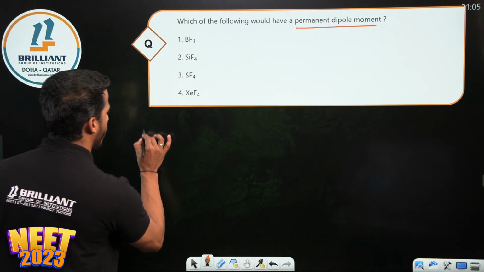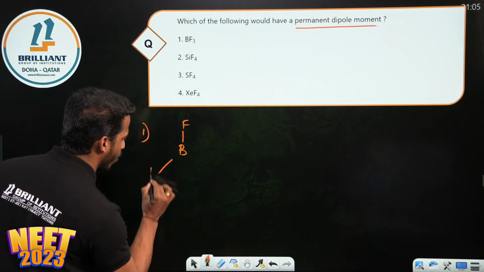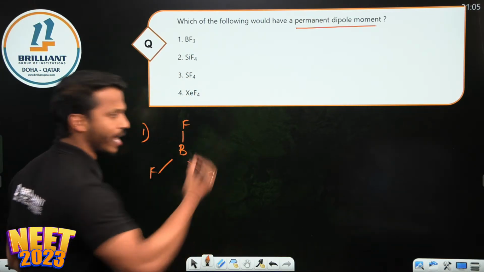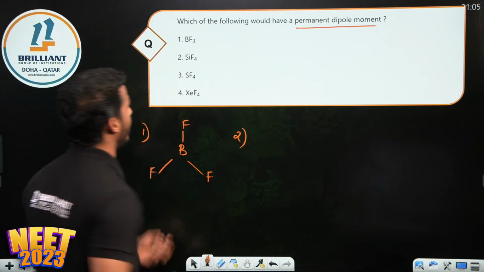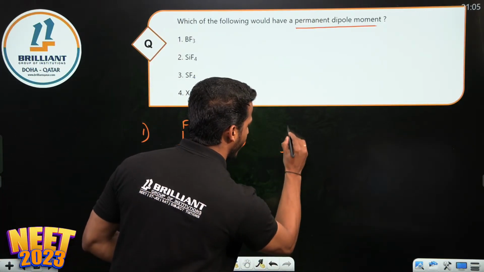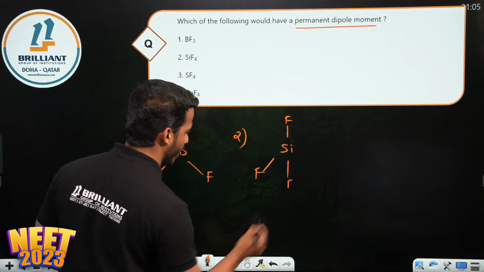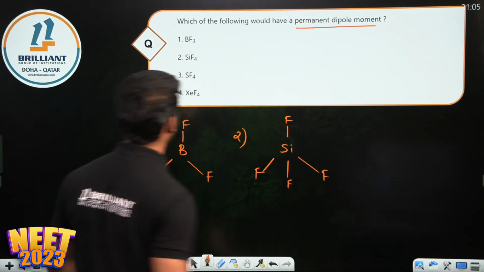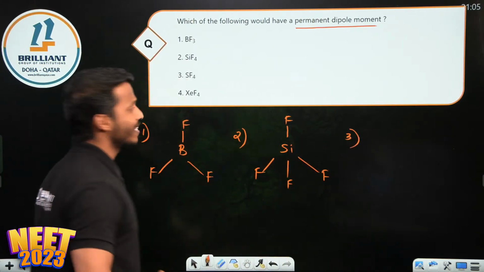Dear all, the first compound given is BF3. BF3 structure is trigonal planar, right? The second compound is SiF4, which has a tetrahedral shape, right? And the third compound is SF4.